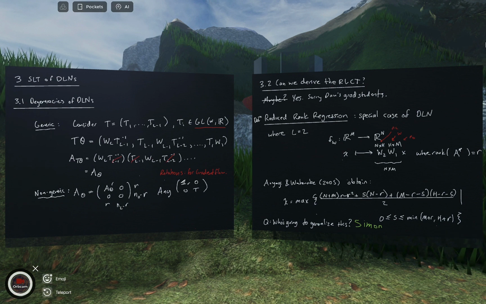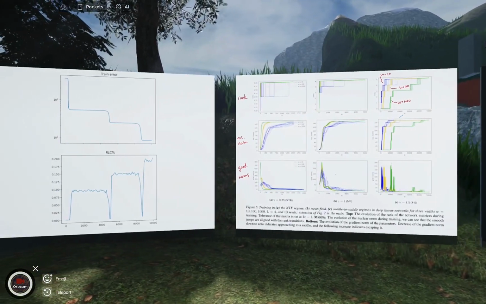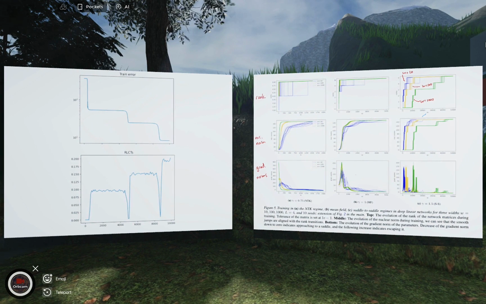Okay. In any case, before Simon has completed his mission, let's go back here. All right, so we can at least estimate the RLCTs in the meantime. And so I got Edmund's code online. A little shout out.